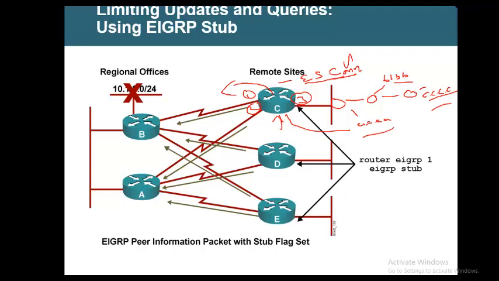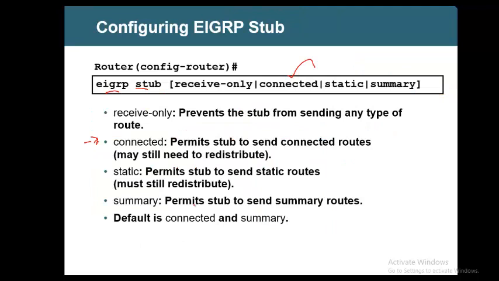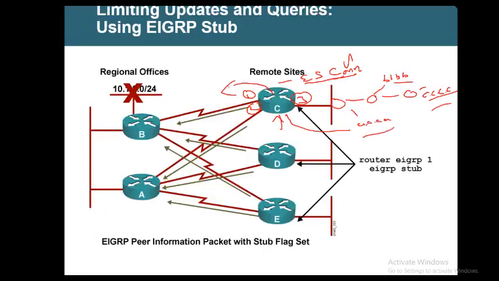Right. So this is EIGRP stub connected. If you configure stub summary, which is also the third type, it will stop advertising not only B, C, A, it will even stop advertising its own connected network.